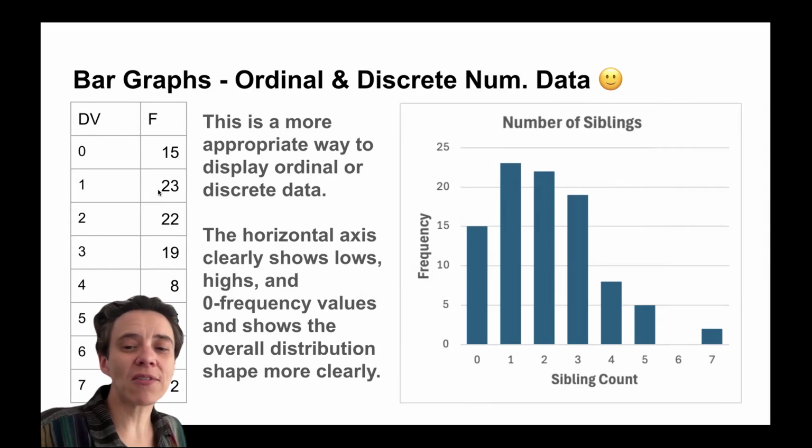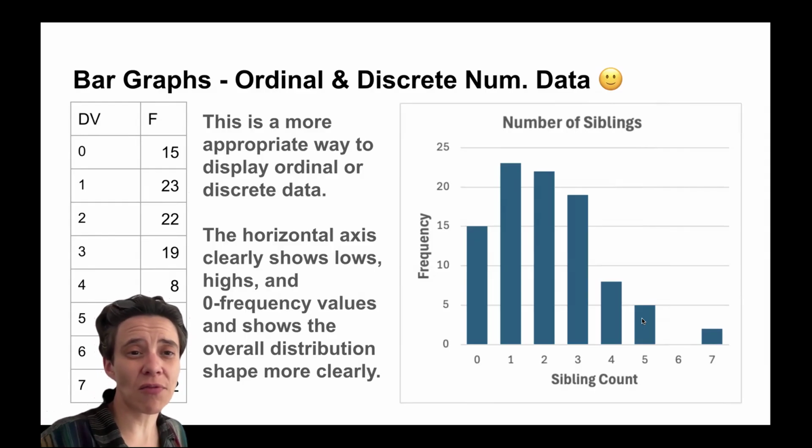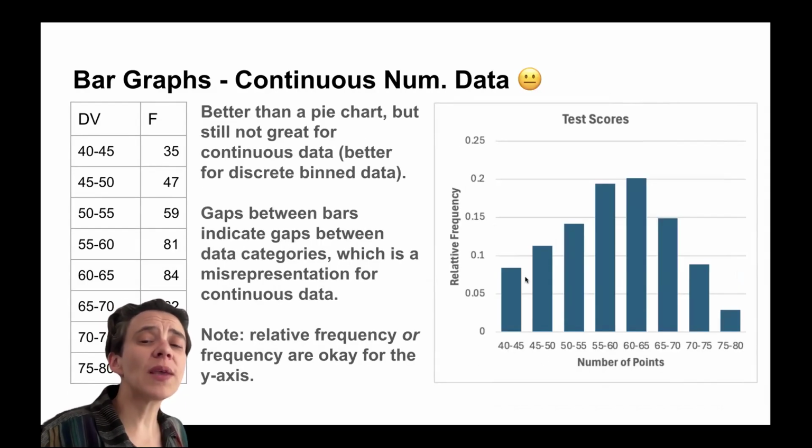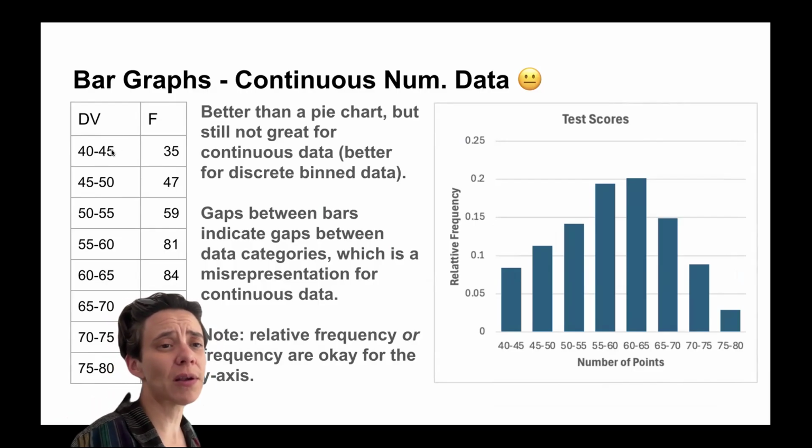Even if I didn't have this, I could still figure out all of the exact data pieces if I put a little work into it, right? I could calculate specific things off of that. Once we get to bins, you can't get that precise in your calculations anymore, even if this was labeled with frequency instead of relative frequency, because we don't know what the actual values are for the 35 people here.